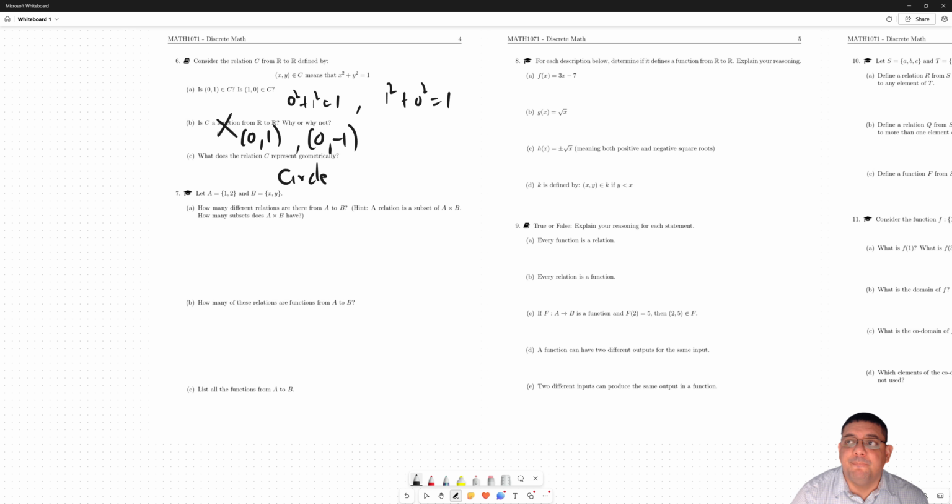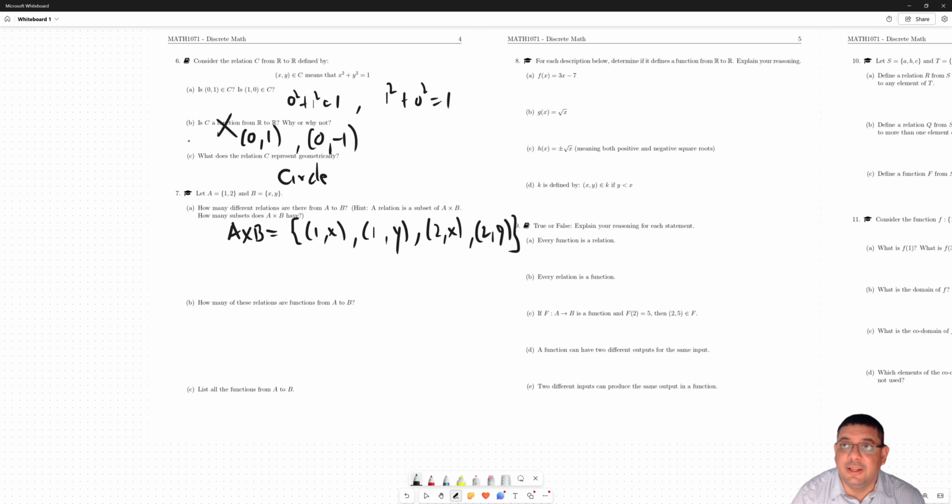Because we have many ways of doing this, we can check how many subsets we have for A times B. The set A times B has (1, x), (1, y), (2, x), and (2, y). So it has 4 ordered pairs, and the cardinality of A times B is 4.